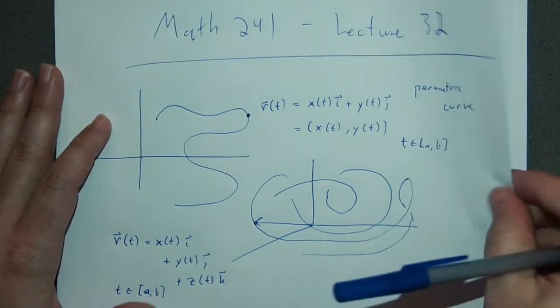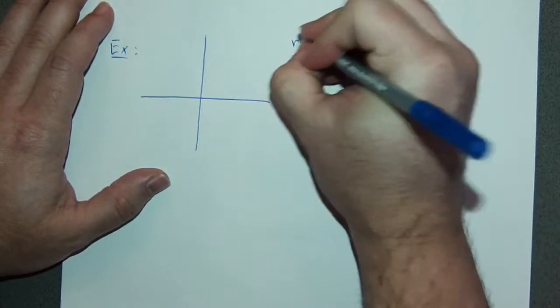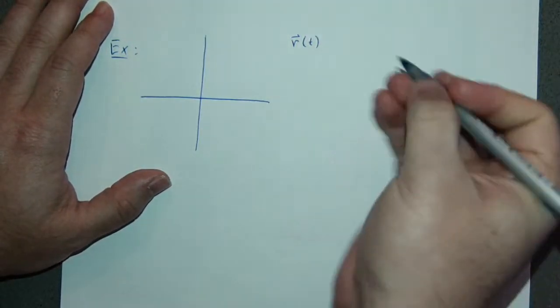So the simplest example of that, and one of the first examples of a parametric curve that we discussed, was a circle. And so going back here, what if I have two curves?